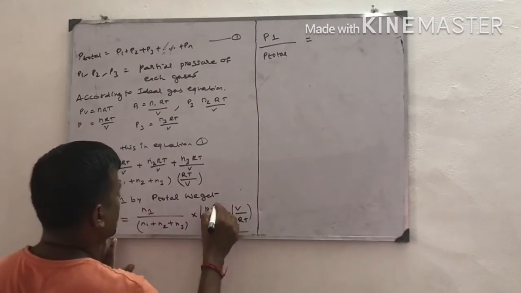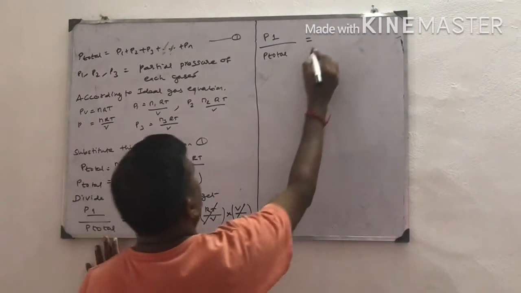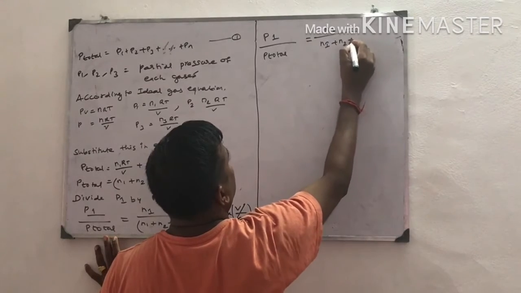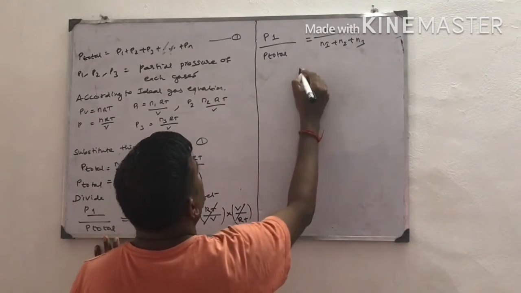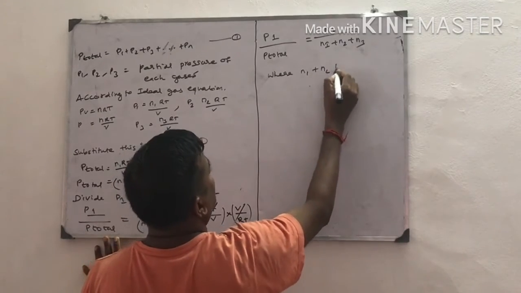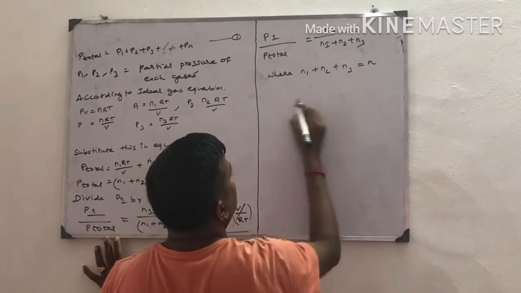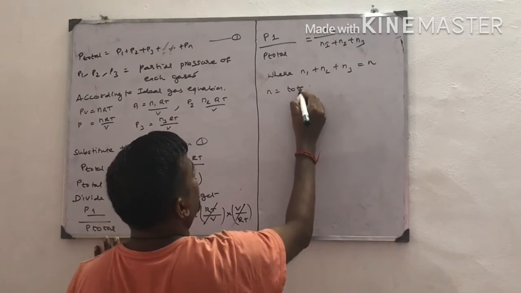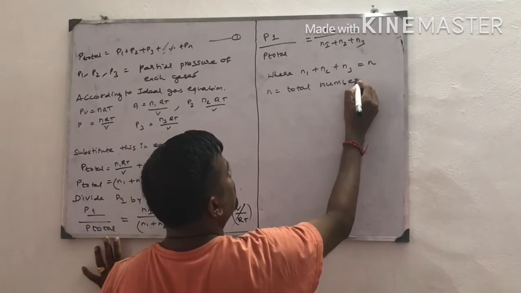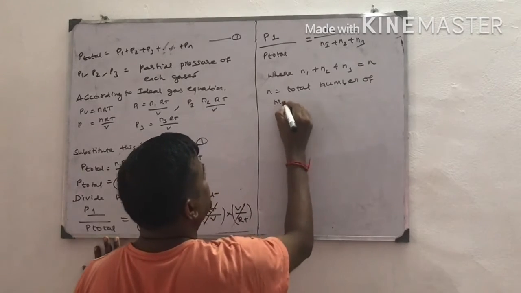P1 by P total is equal to n1 divided by n1 plus n2 plus n3, where n1 plus n2 plus n3 is equal to n, the total number of moles of gas.